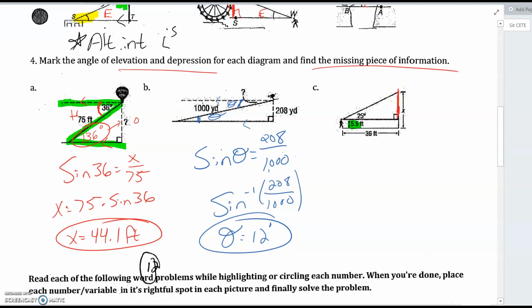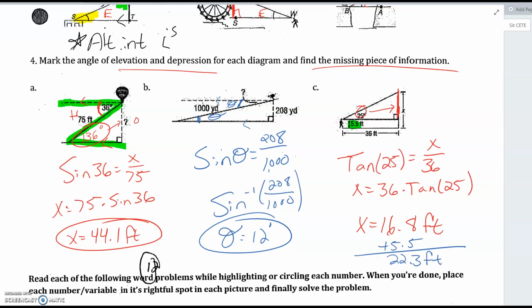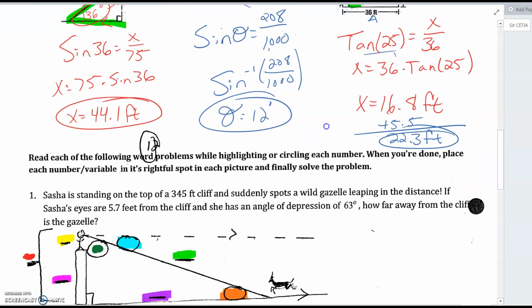All right. So let's go ahead and see if we can get the final answer. So since I'm using opposite and adjacent here, I'm going to use tangent 25 equals opposite over adjacent. Cross multiply and solve. You get 16.8, but since this is elevated, if I need this whole height over here, I would have to add the 5.5 at the end to get 22.3.